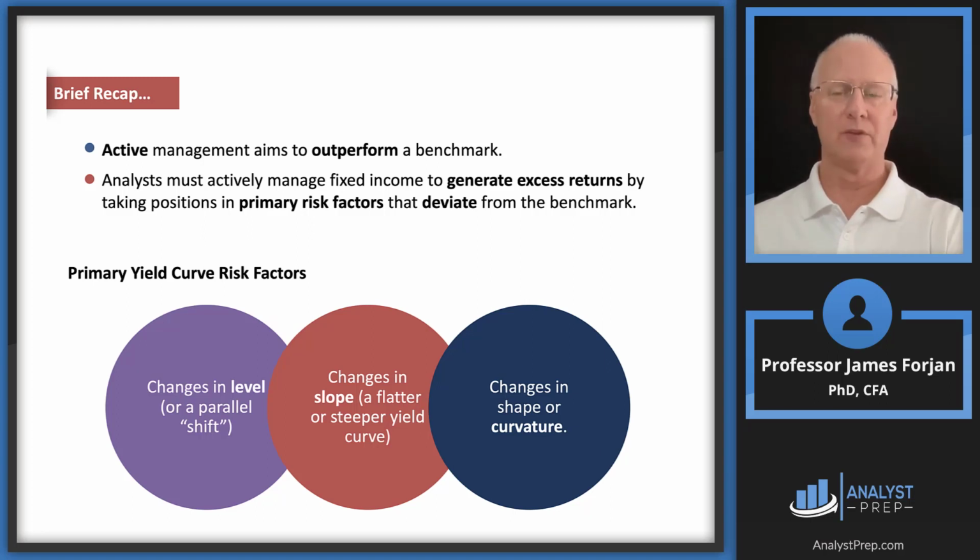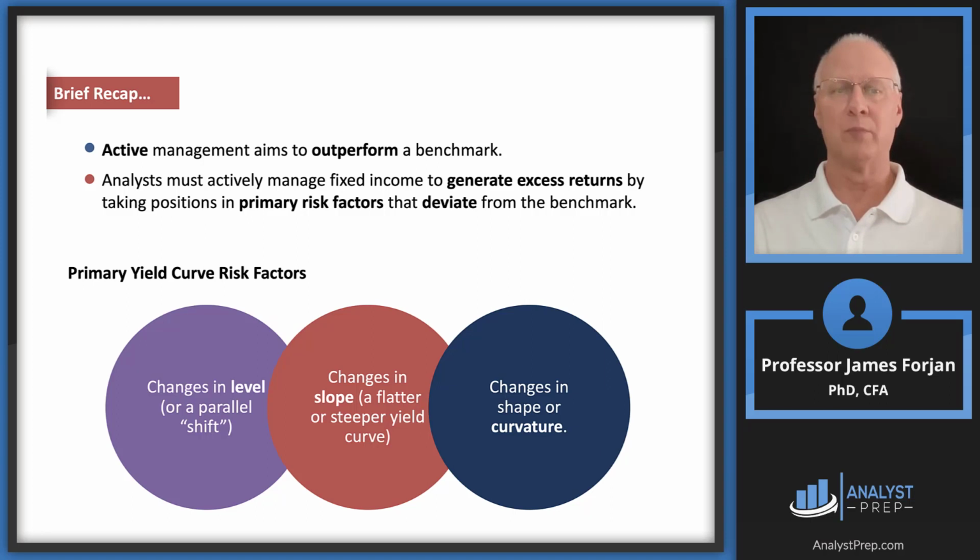So the goal then is to find these extra returns. Remember the academics call these excess returns or abnormal returns even sometimes. And we're going to do this with primary risk factors. And this is exactly what we talked about in equity risk factors, where we had things like maybe inflation or exchange rates.